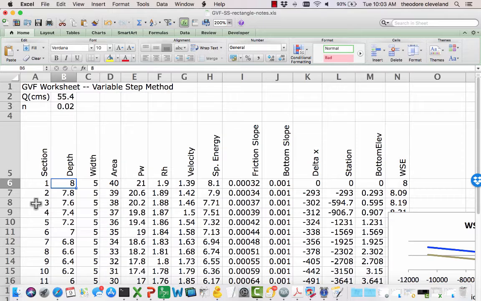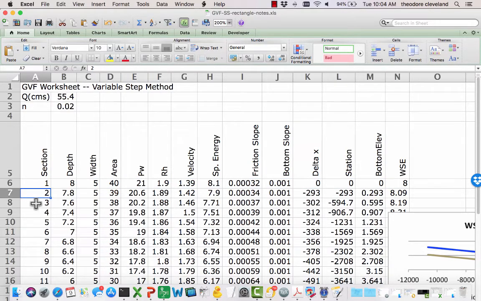So section 1, specified depth of 8 meters, flow width of 5, area is width times depth, calculate wetted perimeter, calculate hydraulic radius, calculate the velocity, which is just the discharge divided by the area, calculate specific energy by the usual formula, calculate a friction slope, bottom slope is specified, delta x and station are 0, that's our known condition.